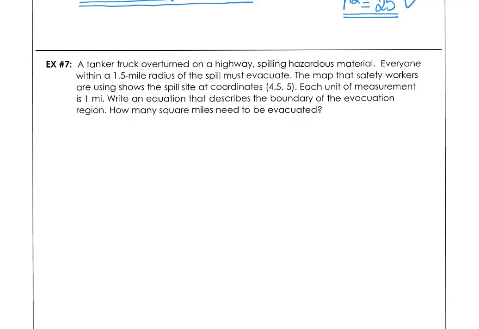So this is a two-part question, and without having a grid with the graph, let's say this is the x and y, that's on the outer boundary, and we have the center here, and the center is at (4.5, 5).